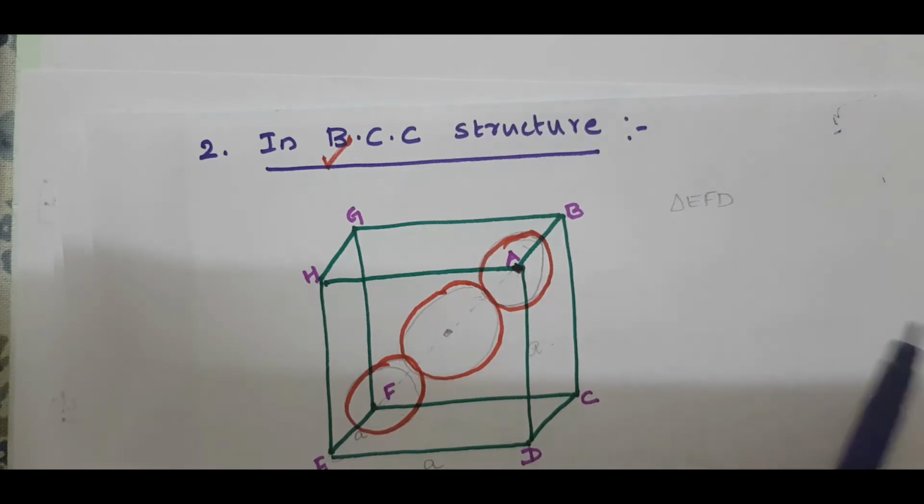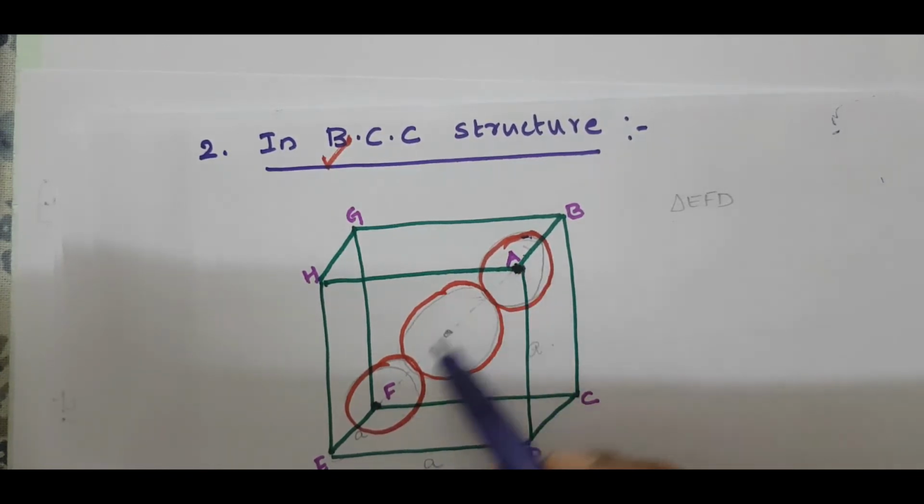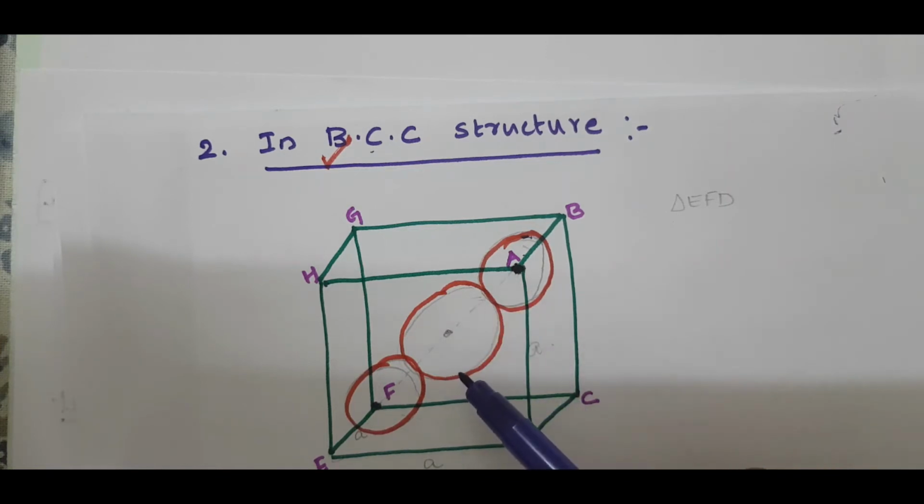These two spheres are at the corners, and in the center of the body-centered cubic structure there is 1 atom. Definitely this atom will touch the other 2 atoms at the corners, which are diagonally arranged.